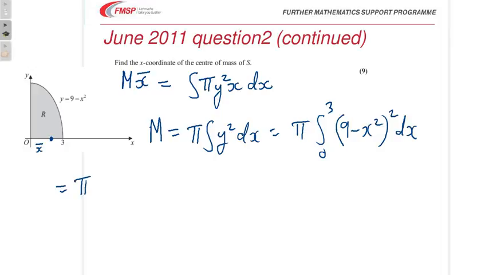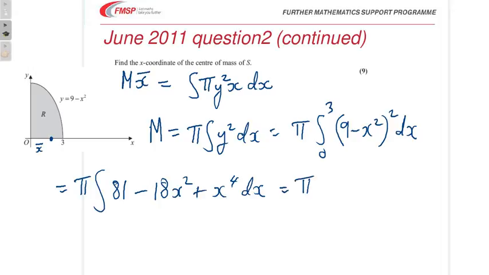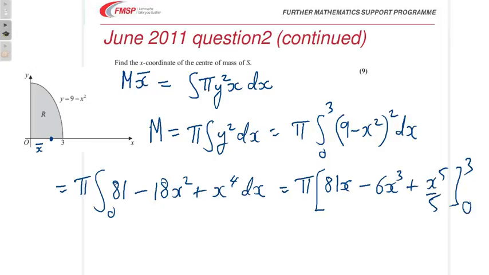It's pi times the integral of 81 minus 18x squared plus x to the fourth dx. Pi then times 81x minus 6x cubed plus x to the fifth over 5, between the limits 0 and 3.